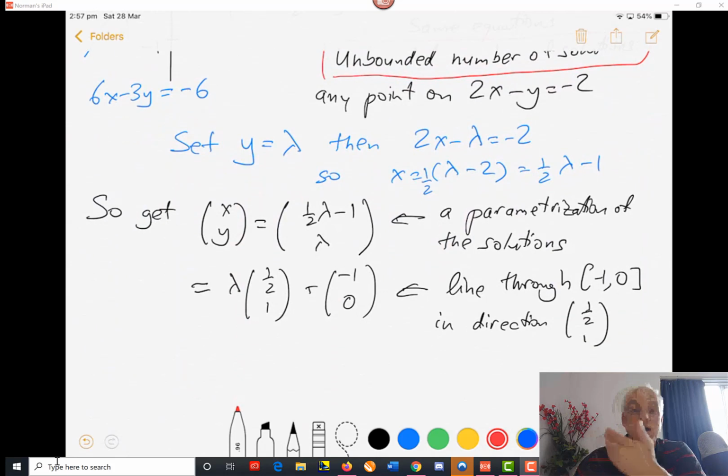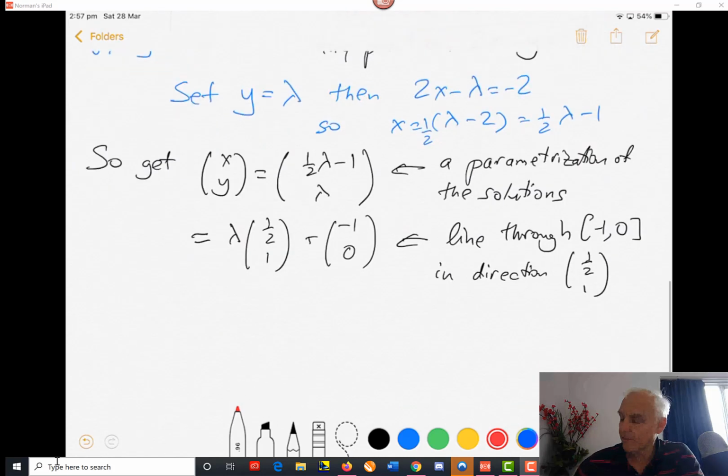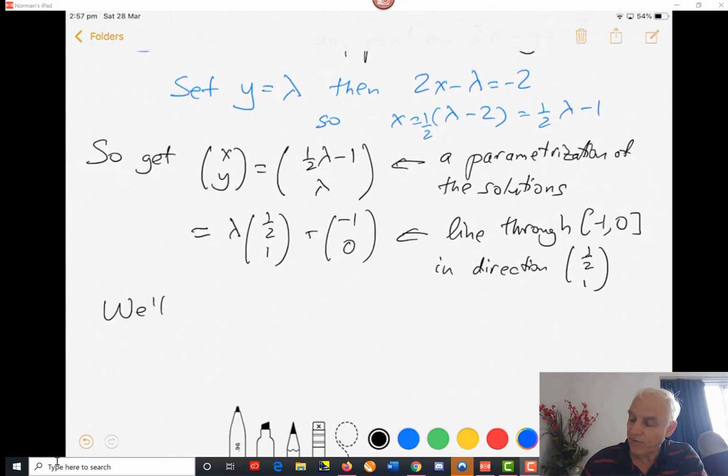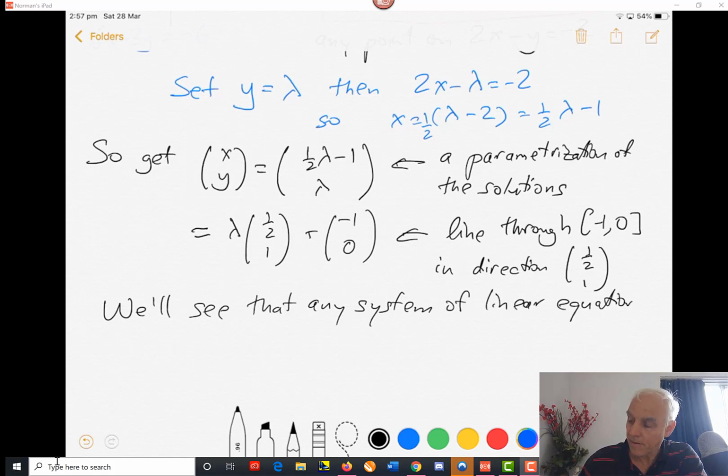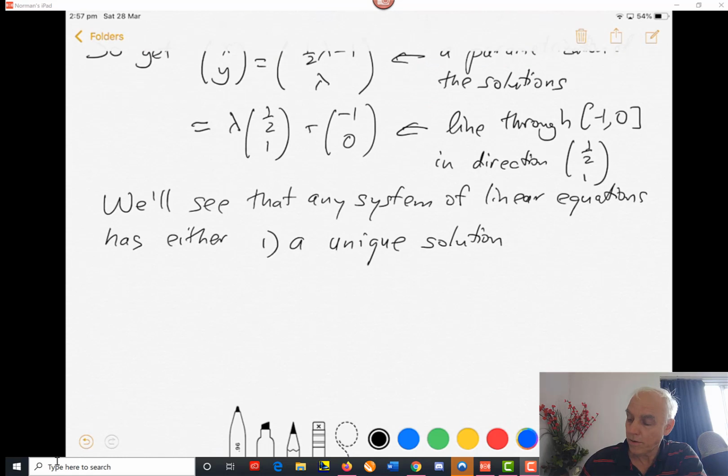As we proceed to higher dimensions, it's going to be the same story: we'll see that any system of linear equations has either a unique solution, or no solution, or an unbounded, or some people like to say an infinite number of solutions.